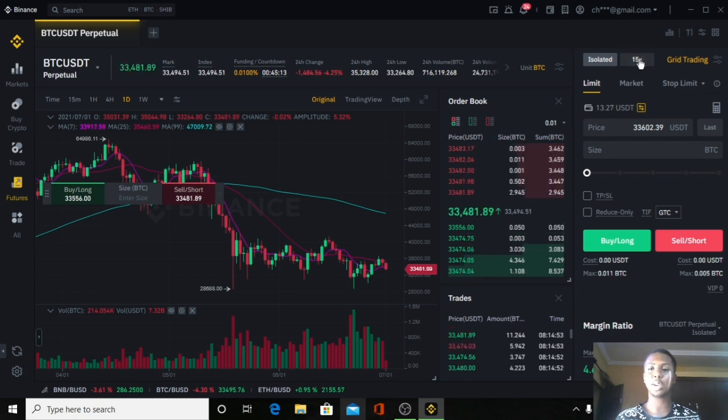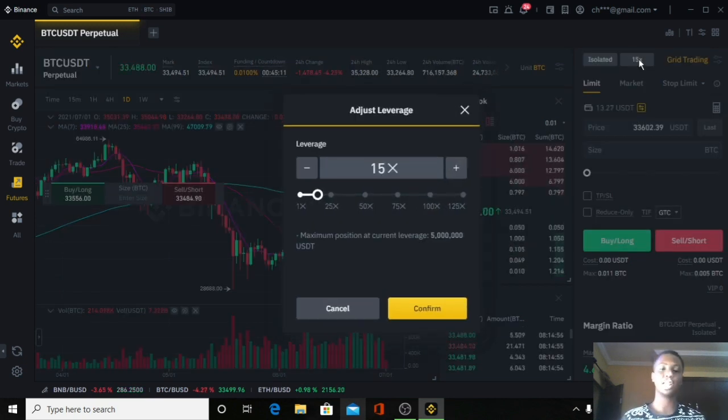Another thing you have to know is the leverage. There's leverage from 1x to 25x. What leverage means is that 15x leverage, as you can see here, multiplies the percentage of the price move, whether it's BTC that you're trading or whatever. Let's say I open a 1x leverage with BTC and BTC moves 10%.